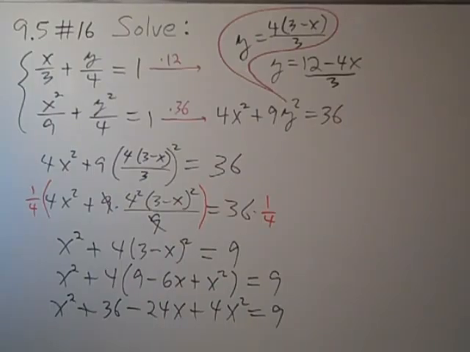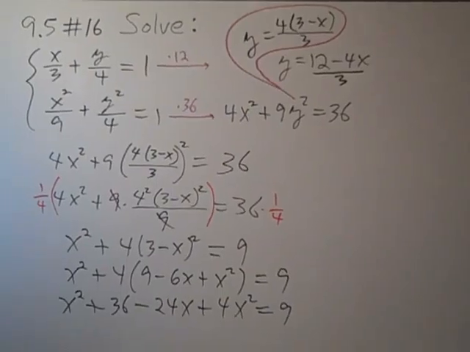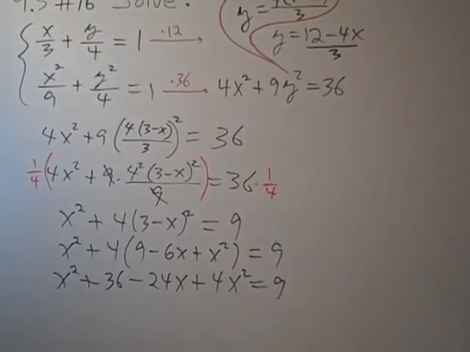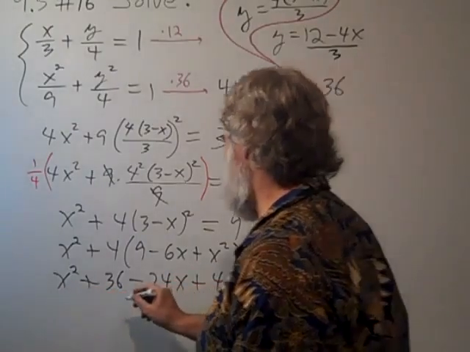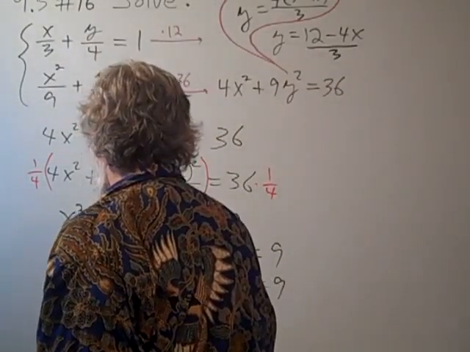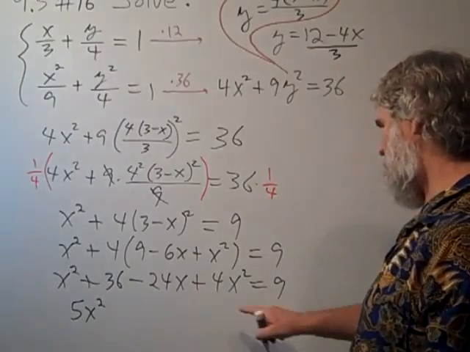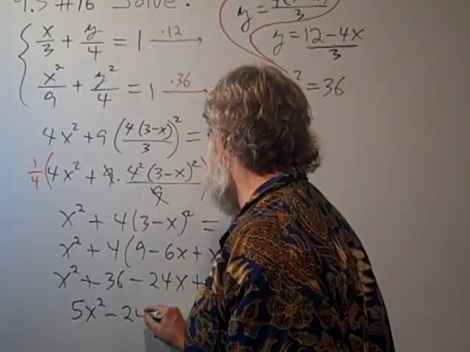And now we need to combine like terms. x squared plus 4x squared is 5x squared. Then we have minus 24x.